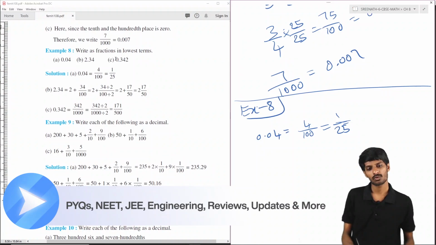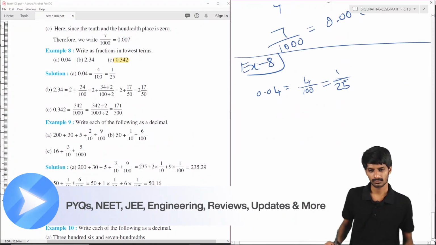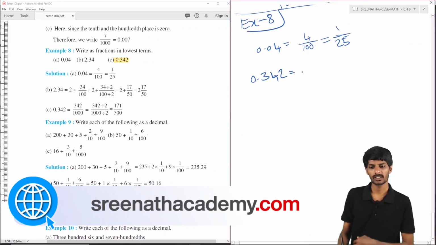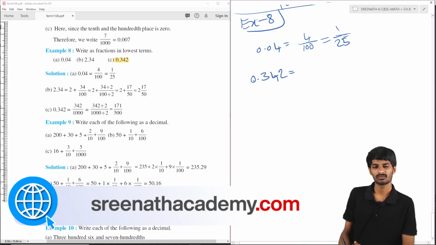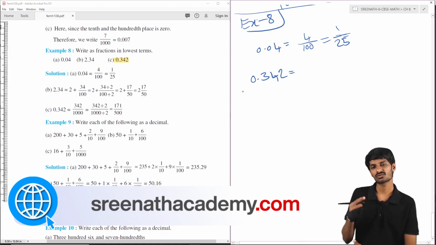Suppose you take 0.342. How to do this? For 0.342, friends, how many hundreds? No hundreds. How many tens? No tens. How many ones? No ones. But it has 1/10s, 1/100s, 1/1000s.